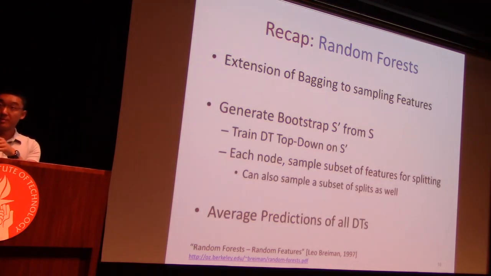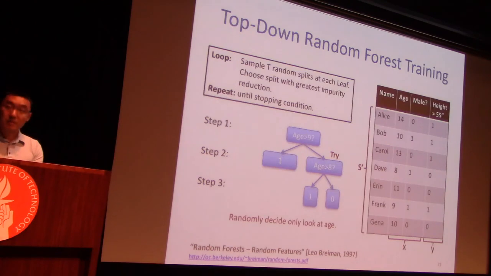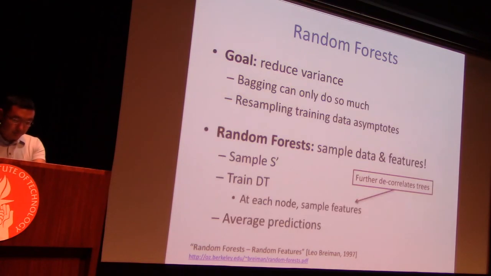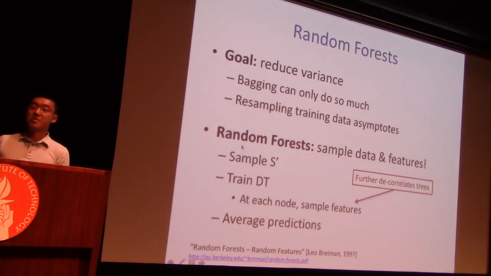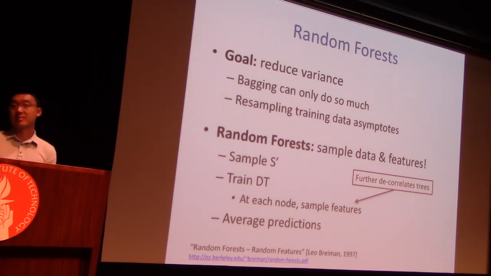Can you explain explicitly what the bootstrap means here? The bootstrapping is just like in bagging. We generate a bootstrap of the original training set, which means we sample a new training set from the old training set uniformly with replacement. So you mean that the data points in sample S prime are the same as in S?